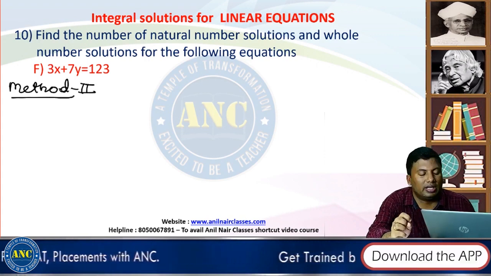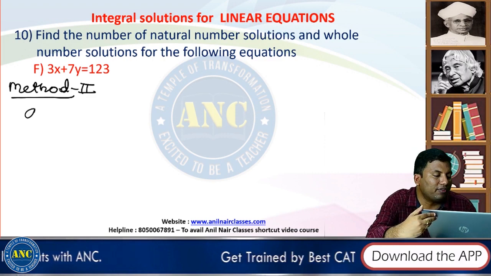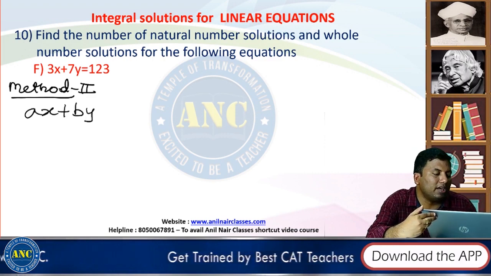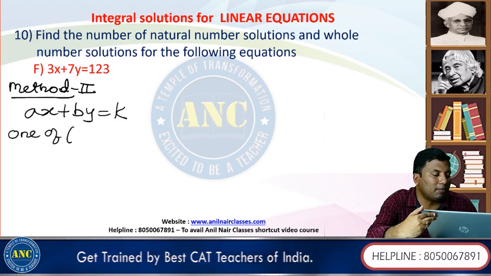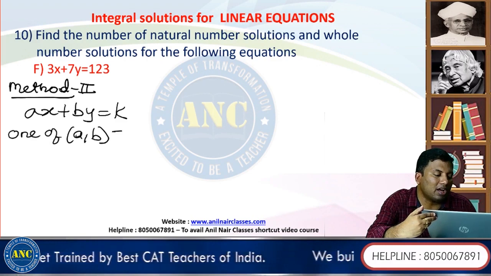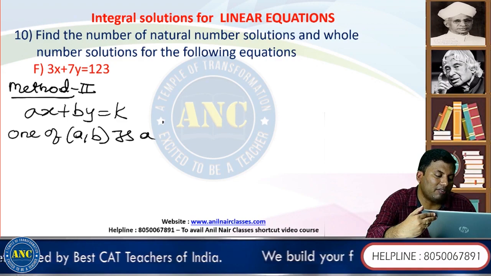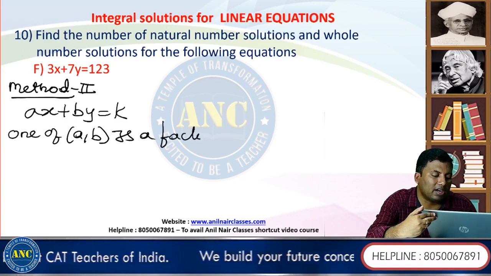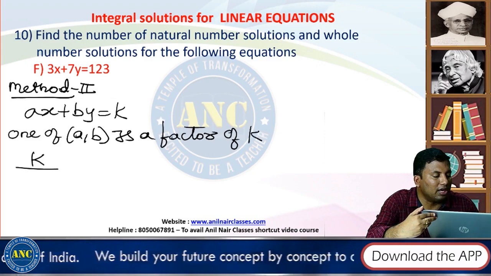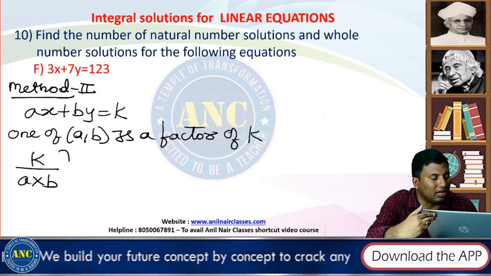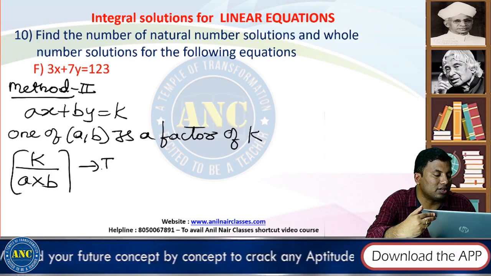Now see here, in method 2, if ax plus by equivalent to k, and one of a, b is a factor of k, then take k by a into b. If you get any decimal, ignore the decimals.